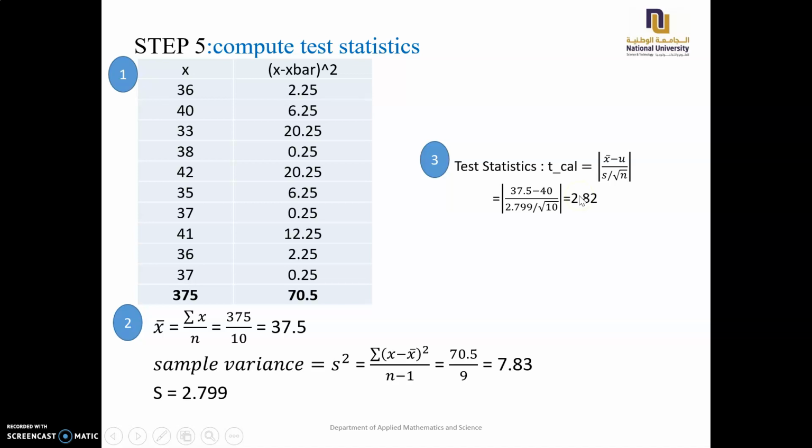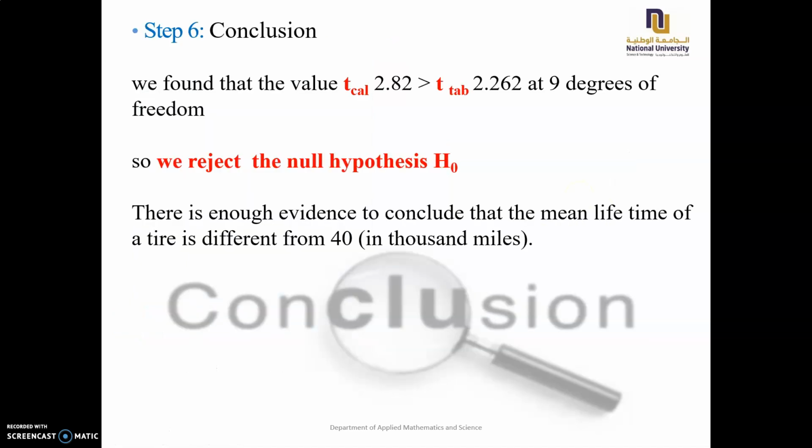Now we will make the decision in step 6. Based on the table value and the calculated value, we can observe that the calculated value is bigger than the table value. As I mentioned before in the procedure, when the calculated value is bigger than the table value, you have to reject the null hypothesis, whatever your null hypothesis is.